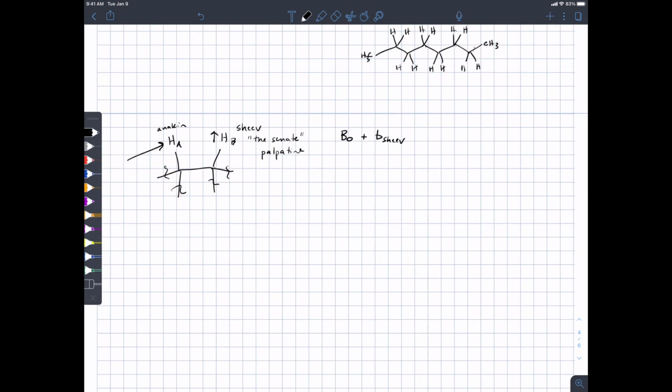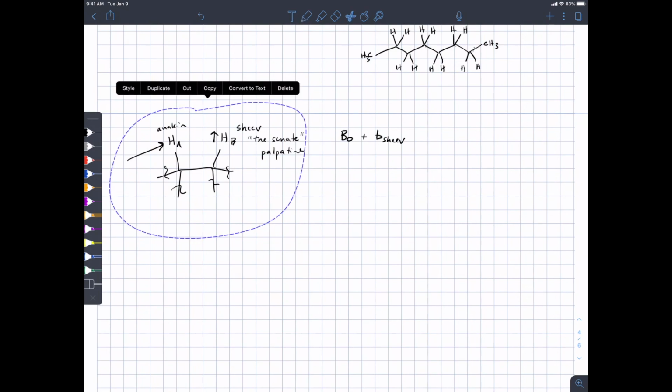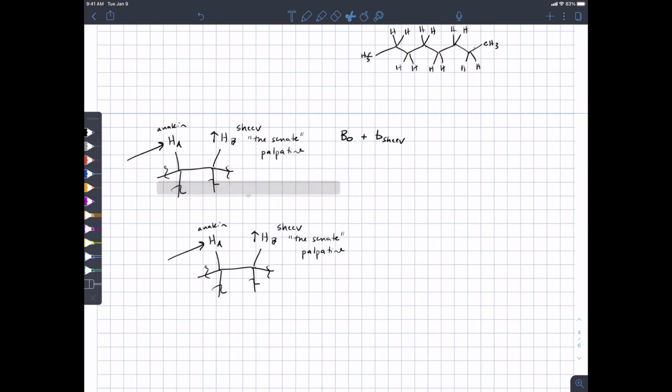Or there might be an analogous situation in which proton A experiences the external field that is opposed by the mini field that proton B experiences. Two different possibilities for what proton A can experience, two different frequencies at which it might resonate. We'll pick that up next time.